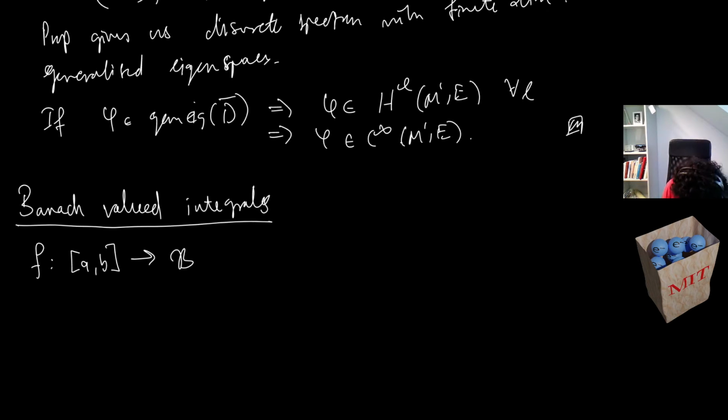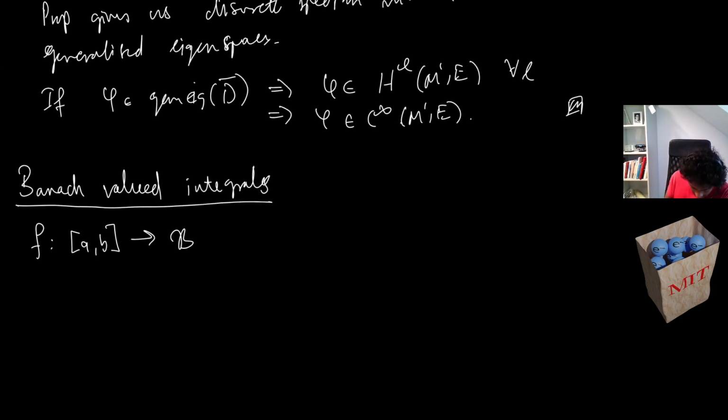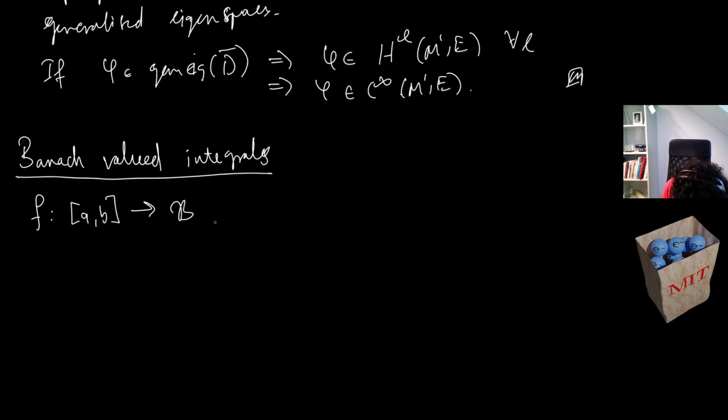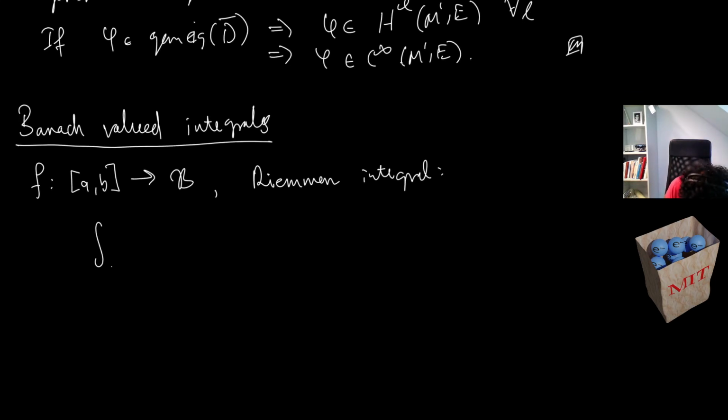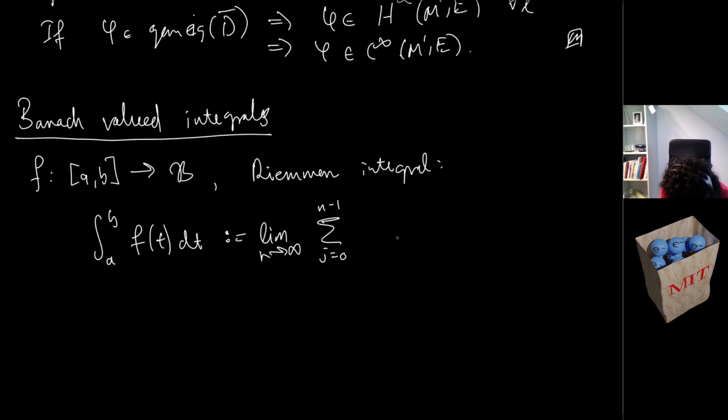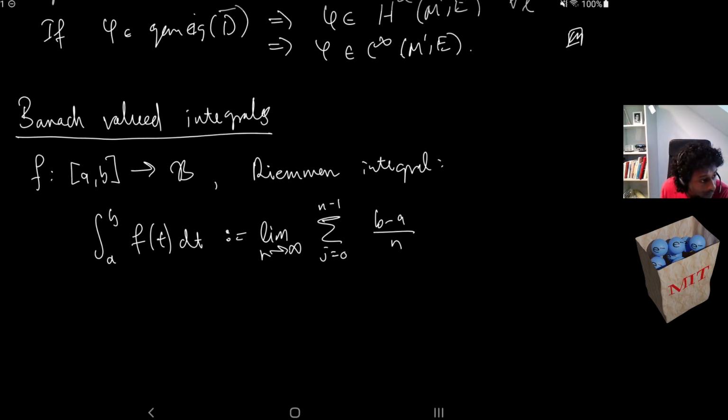And so the definition of the Riemann integral in this case is exactly what you expect, right? The integral from a to b of f of t dt is defined as the limit as n goes to infinity, where the limit is now taken with respect to the Banach space norm, of the sum over j equals 1 to n minus 1 of (b minus a) divided by n times f of a plus j(b minus a)/n.